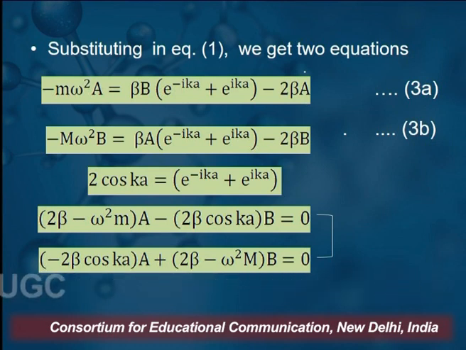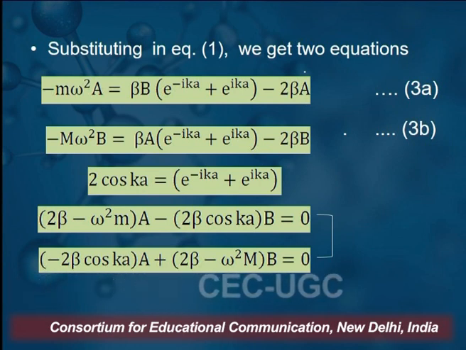Now, cos of Ka we can write as e to the power of iKa plus e to the power of minus iKa by 2. So, twice cos Ka will be equal to e to the power of minus iKa plus e to the power of iKa. This we substitute back in equation number 3, then we separate out the variables.